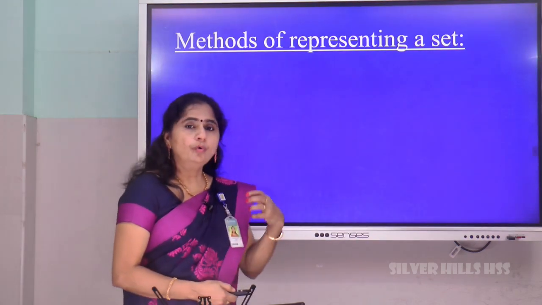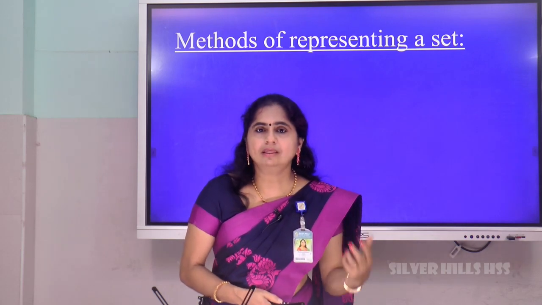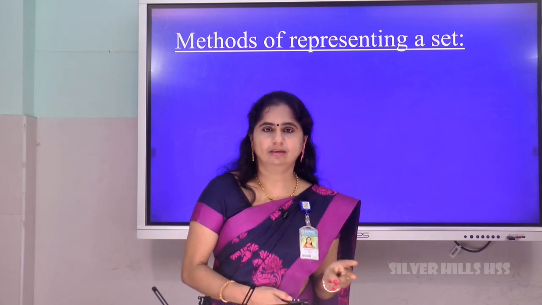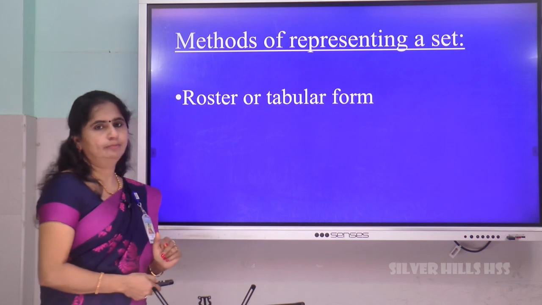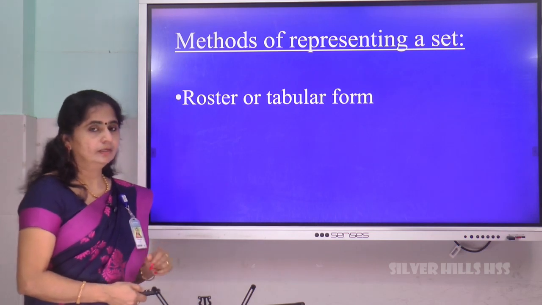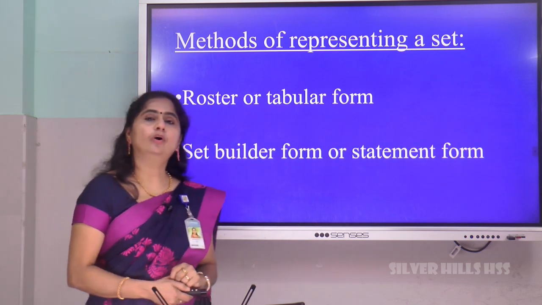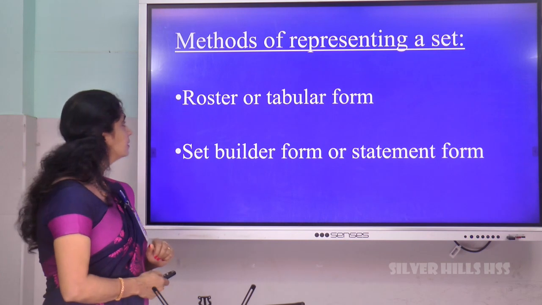Now, how do we represent a set? What are the methods of representing a set? We have got two methods. One is roster or tabular form. The second method is set builder form or statement form. Let's see one by one.